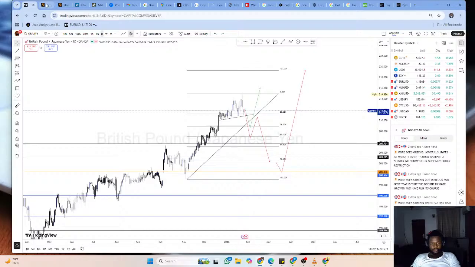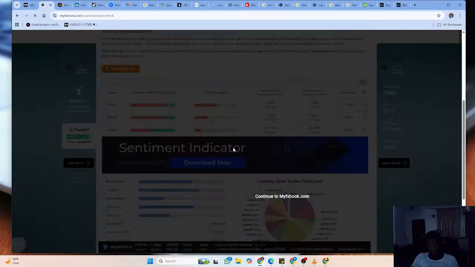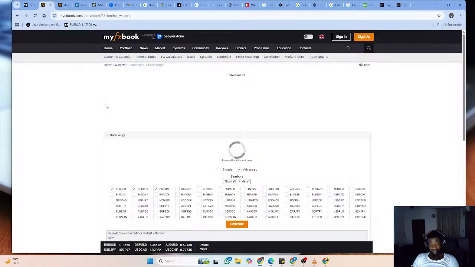Let's look at currency strength. Let's look at sentiment. Sentiments of GBPJPY, I want to add that here. I want to see what other traders are thinking about it. A lot of people want to short EU. That's crazy.